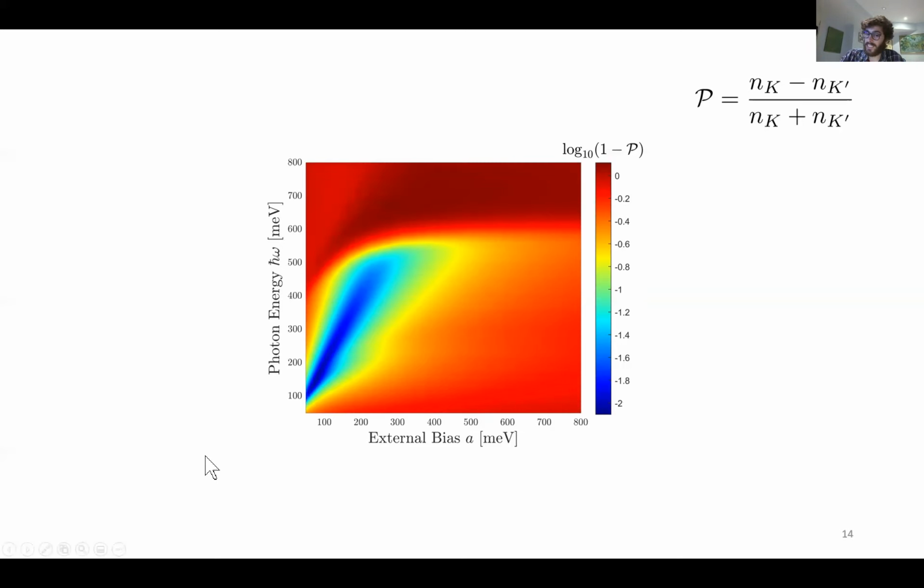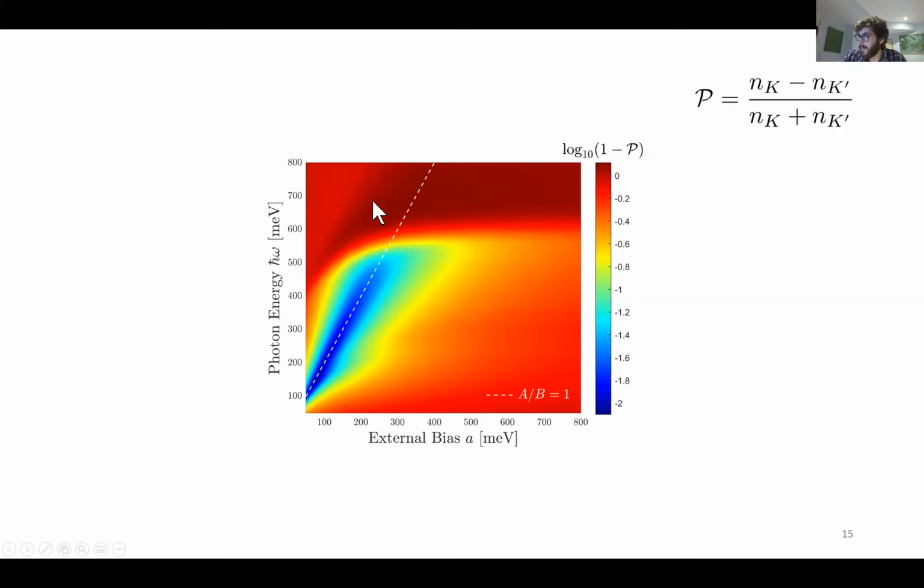So we have this distinct band of optimal frequency-bias pairs where the valley polarization is nearly perfect. And indeed, it corresponds exactly to where the AB ratio is equal to 1, as we predicted before. Now you can pluck out some optimal parameters from this entire parameter space. They tend to be clustered down here at low biases and low frequencies.